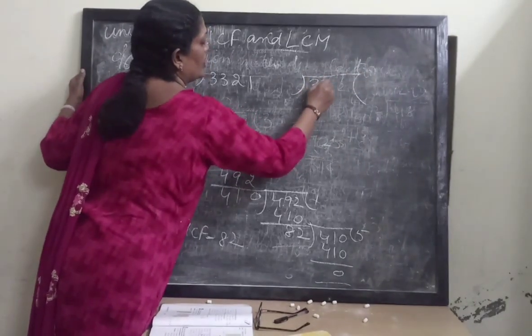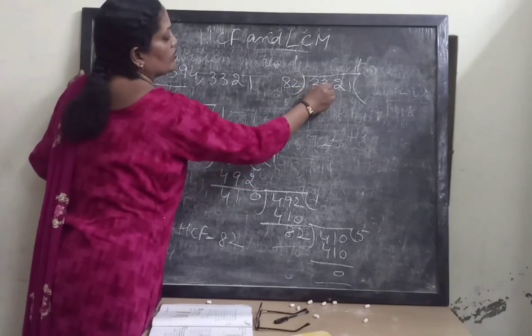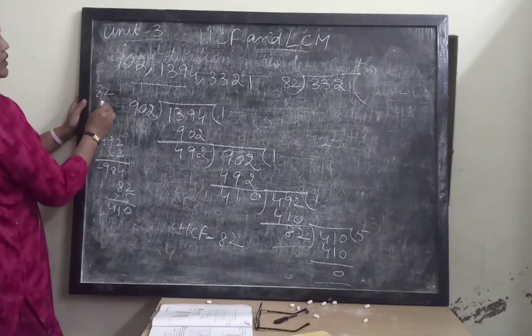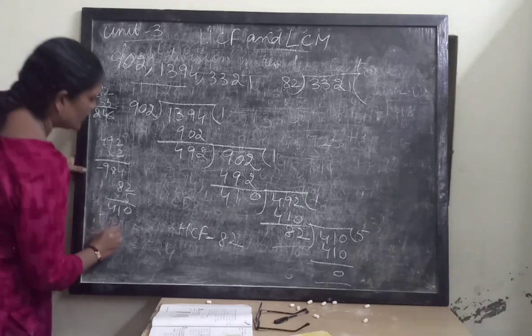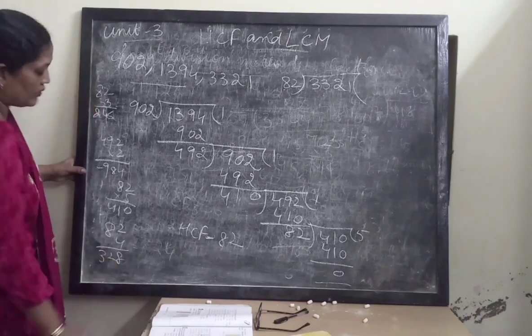Now with this HCF, you will find with 3321. Keep 3321 as dividend. 82 here. 2 digits is smaller, so you will take 3 digits. 82 3s are 246. 82 4s are 328.